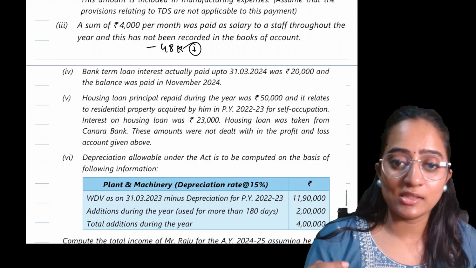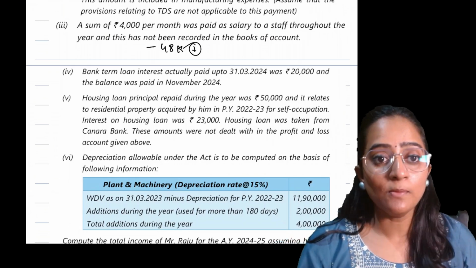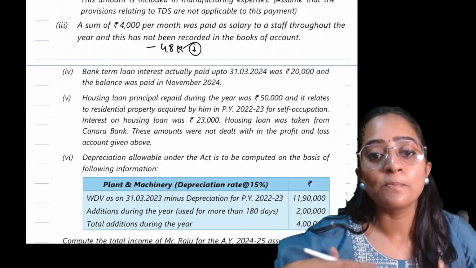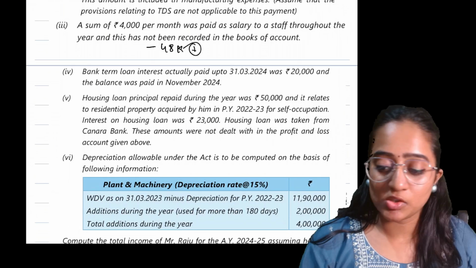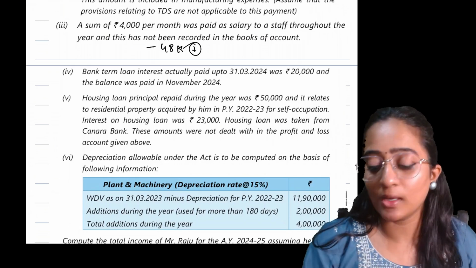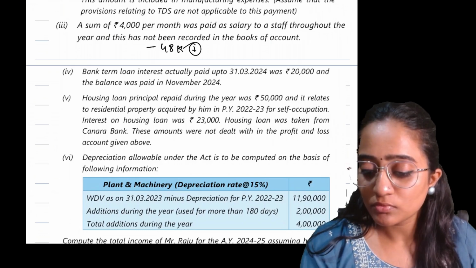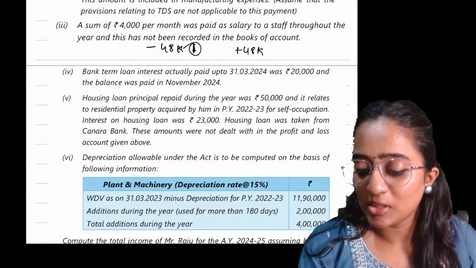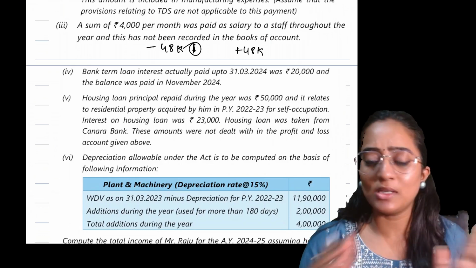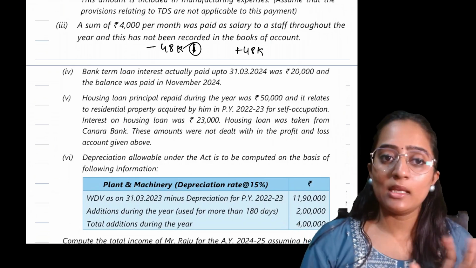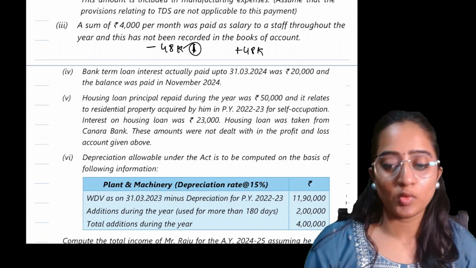The second effect is that, as it has not been recorded, you consider it as unexplained expenditure. You consider this 48,000 as undisclosed sources of income, and you add back this 48,000 in your PGBP. Both adjustments are accepted as per ICAI. You can answer with any point; you can assume any point here.